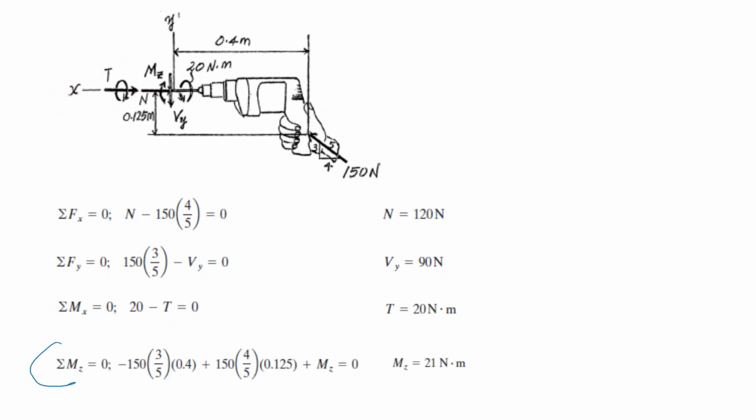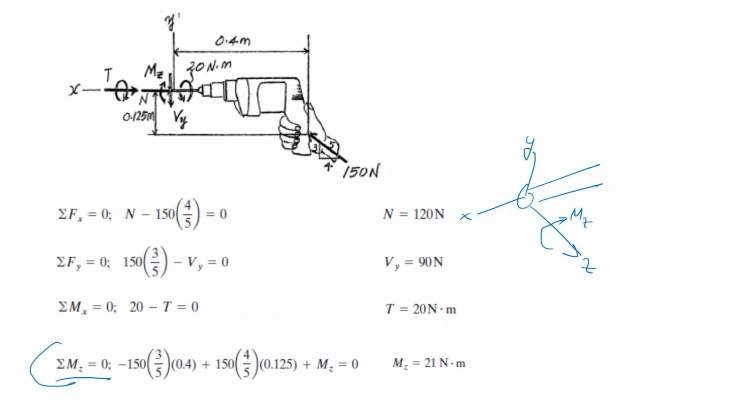Now bending around Mz. Z is the axis perpendicular to the screen. As you see, this is my X, and that's my Y, and bending around Z is like this.